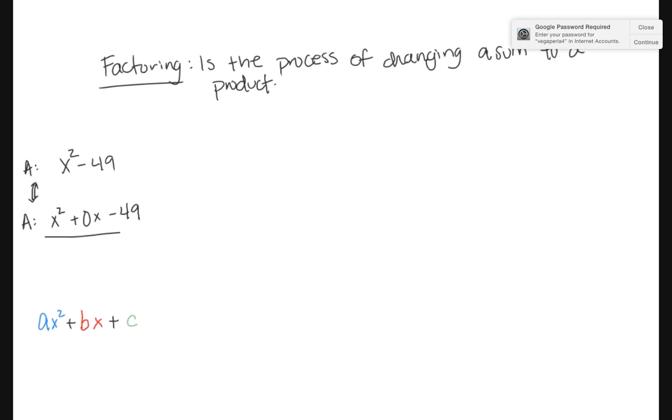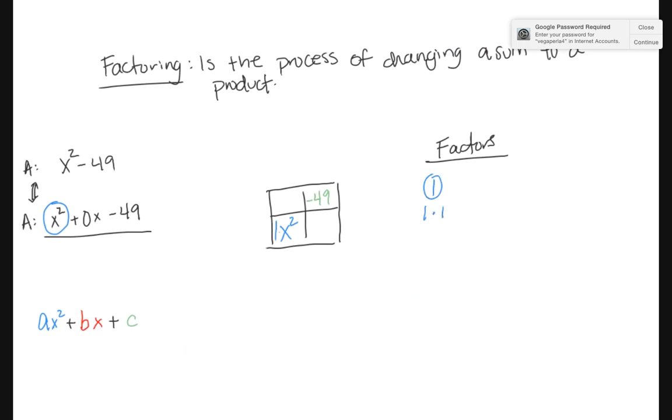And then again, we create our generic rectangle. And we write the first term, x squared, on the bottom left, and negative 49 on the top right. And so now let's look at the factors. We say, okay, the factors of 1, because it's 1x squared, 1 times x squared. So factors of 1 are just 1 times 1, as easy as that.